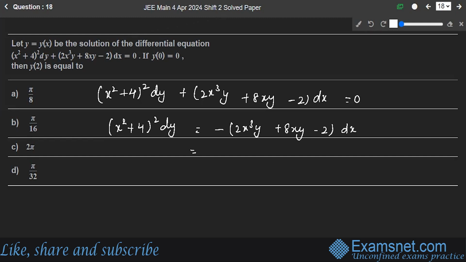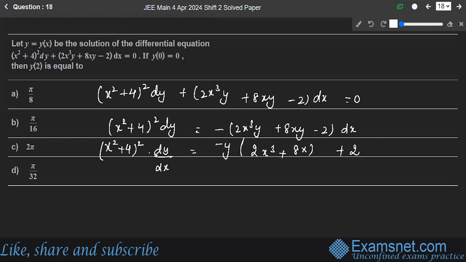Let's segregate the terms. So here I'll take (x² + 4)² into dy/dx is equal to, now separate the y terms. Here will be minus y. I'm taking out, so (2x³ + 8x) plus 2.